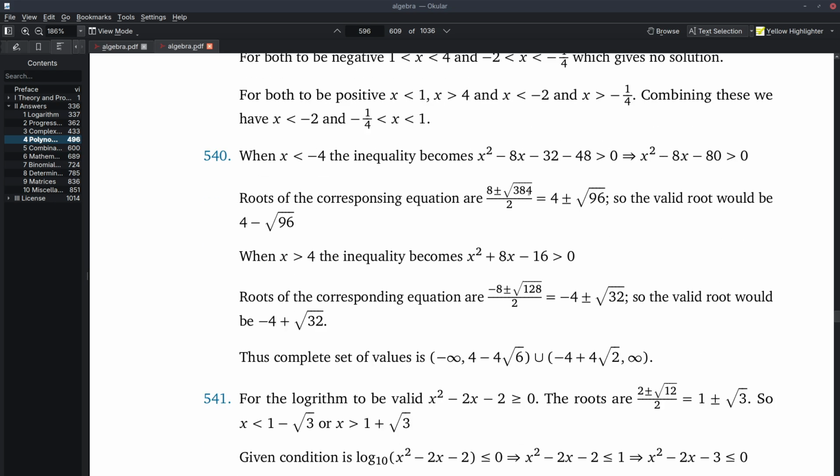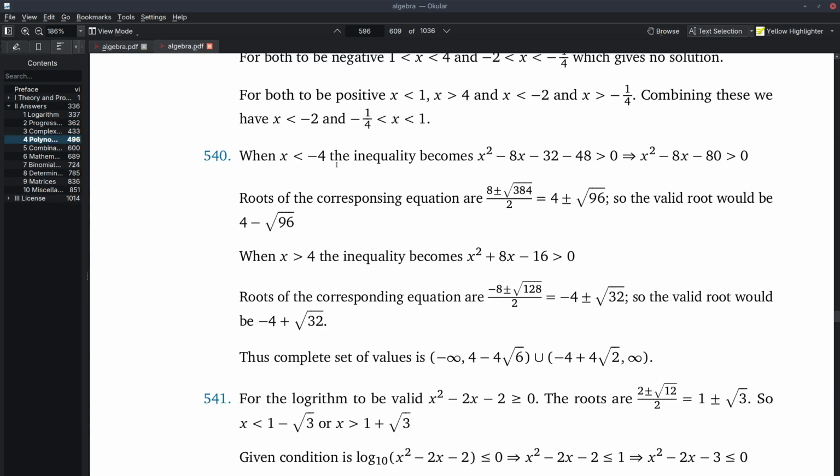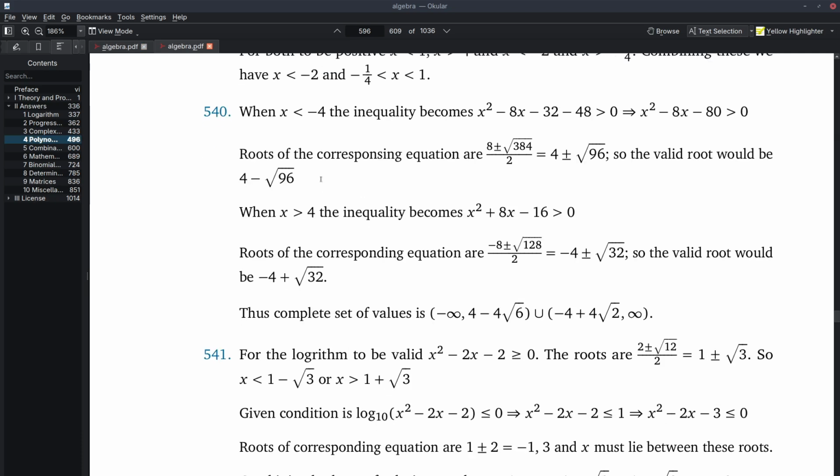So the roots of this would be 4 plus minus square root of 96. But the only valid root would be 4 minus square root of 96, because x is less than minus 4, but 4 plus square root of 96 would be greater than minus 4. And now we substitute x greater than 4, so the inequality becomes x squared plus 8x minus 16 greater than 0.